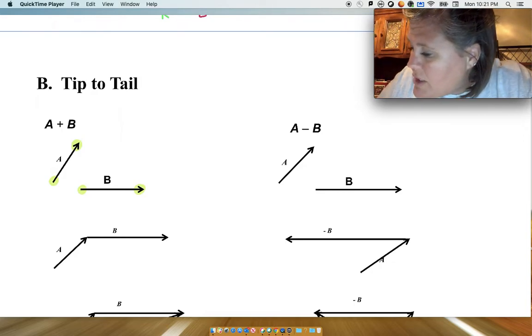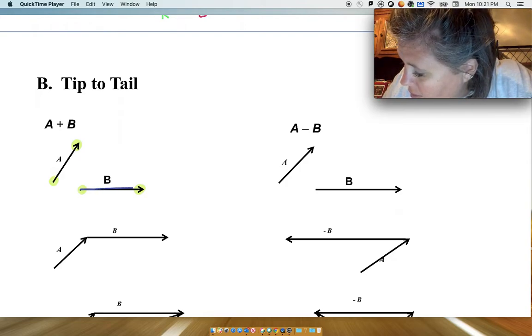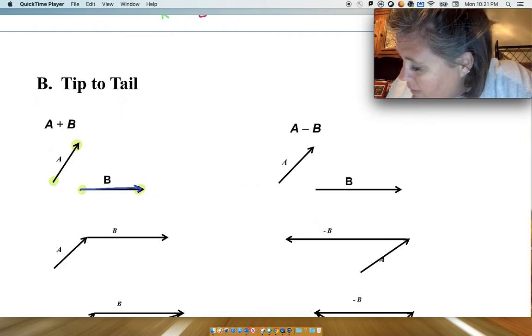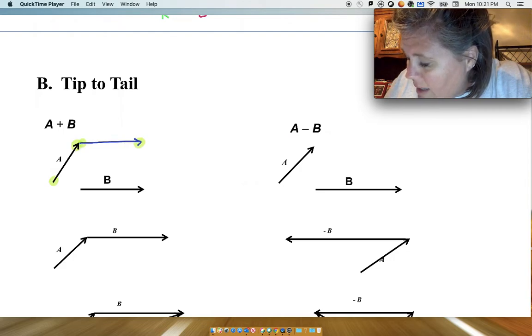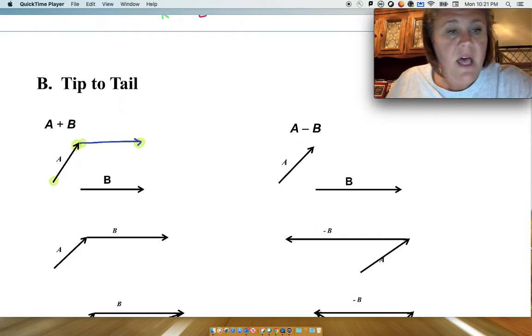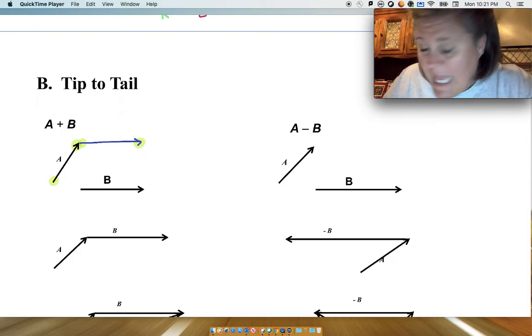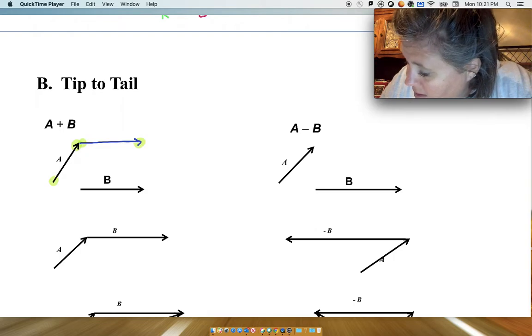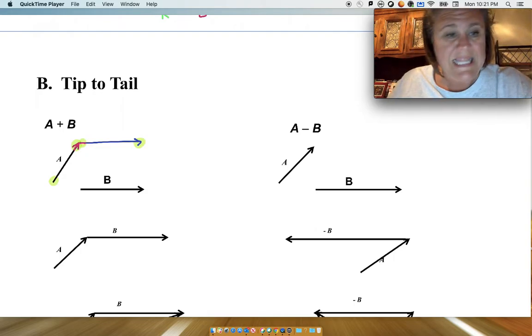So there's vector B, and we are going to move vector B. Vector A's tip is at the tail of vector B. So that's what I mean, tip of A to the tail of B. That's how we're going to add the vectors.